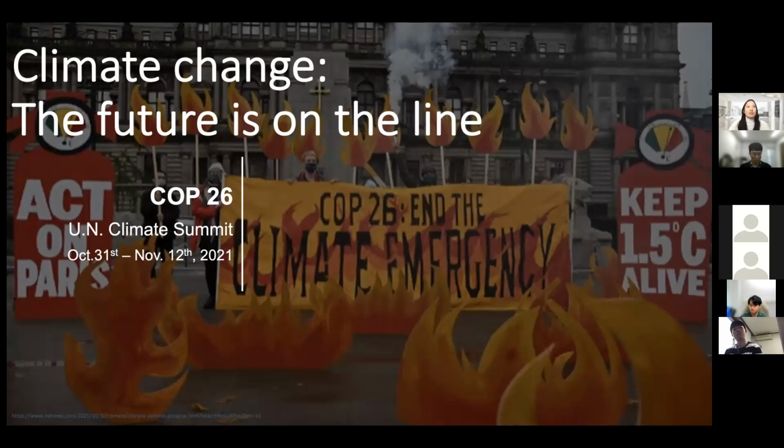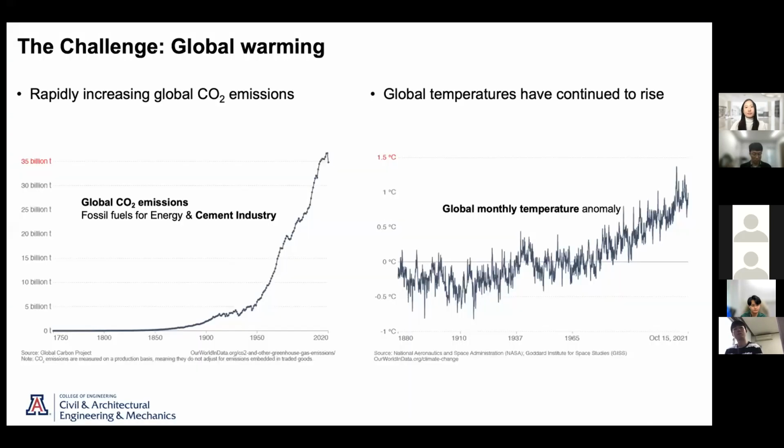Even last week, a prominent UN climate summit, COP26, was held in Glasgow. Every year, global CO2 emission is rapidly increasing because of industrial activity, and CO2 gas stays in the atmosphere for hundreds of years. Carbon dioxide can absorb heat and trap it in the atmosphere, and it contributes to rising temperature.